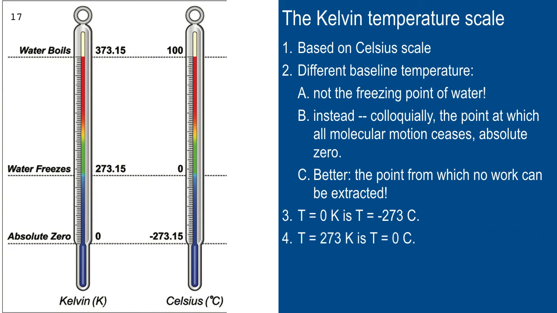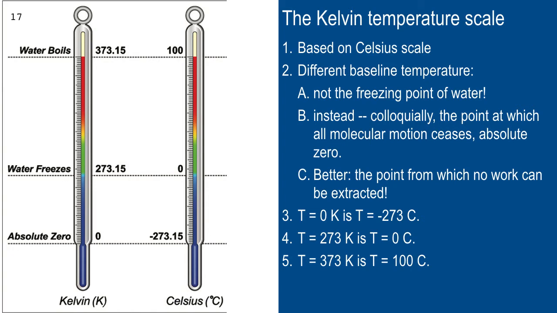So 273 Kelvin is the freezing point. That's 0 on Celsius, but in the Kelvin scale, we call it 273. And absolute zero is what we call 0 on the Kelvin scale. In the Celsius scale, it's minus 273, and according to this diagram, minus 273.15. Now, boiling point is 100 kelvins above that, so 373.